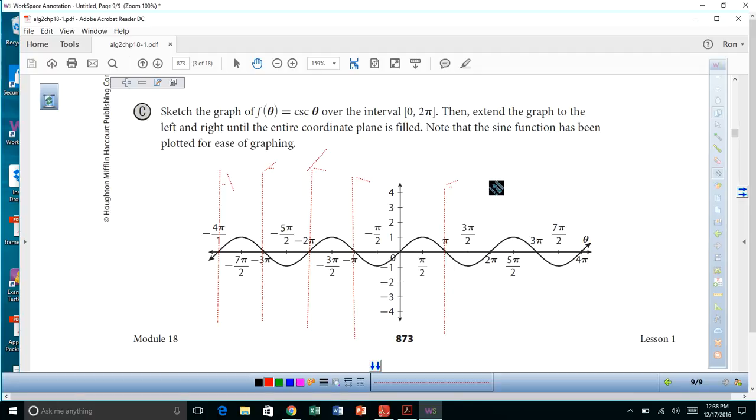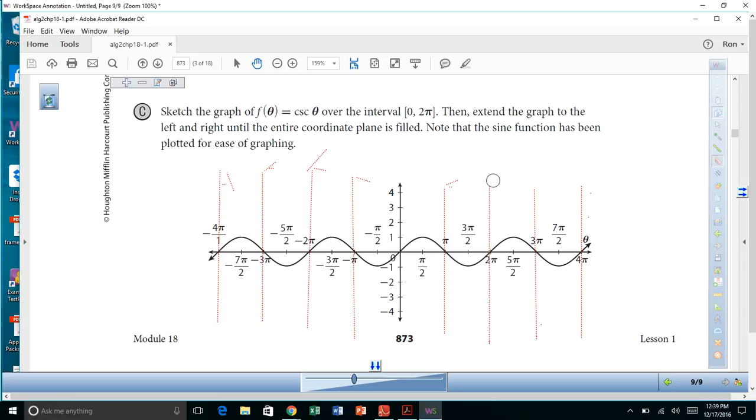And there we go. And last one. Draw these asymptotes. All right. So those are the asymptotes.